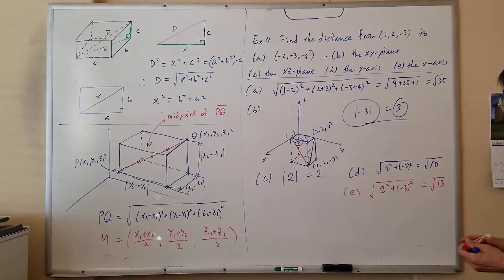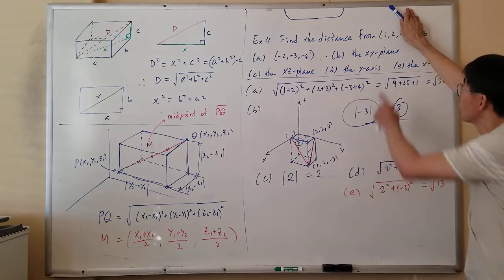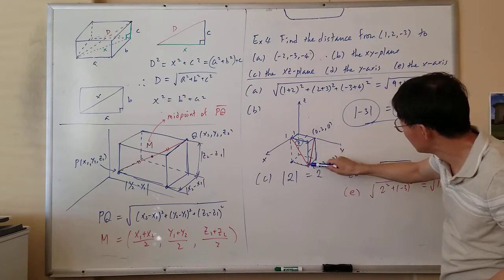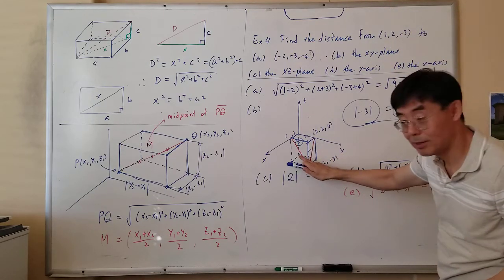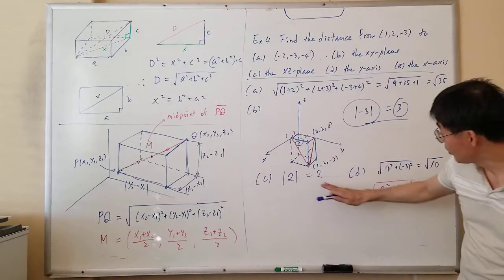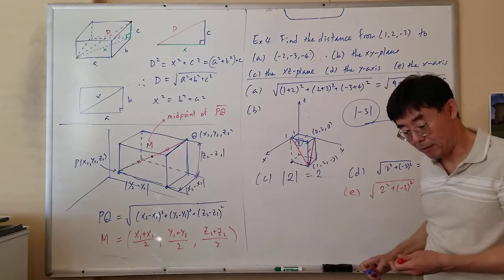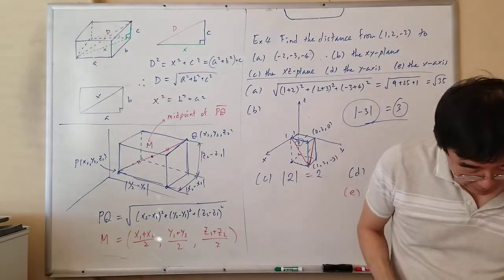Okay? So if you want to find the distance to the z-axis, then without the z coordinate, square root of 1 squared plus 2 squared. This distance, right? Along the horizontal plane. All right.